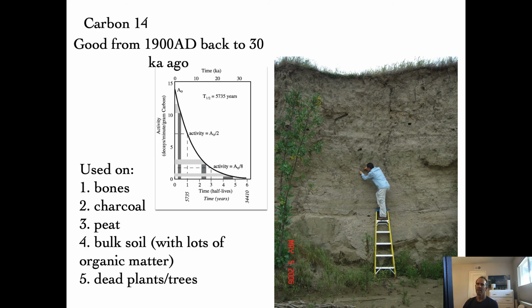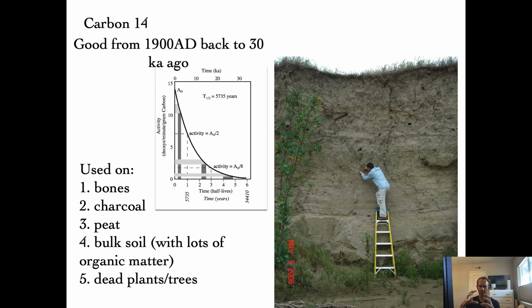And the basic idea is that when something organic dies, it starts to no longer produce a certain type of carbon. And instead, that carbon starts to decay to another type. Okay, so we're talking about carbon 14 to carbon 12.